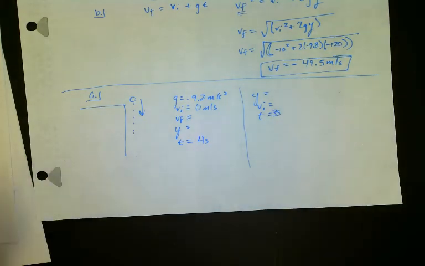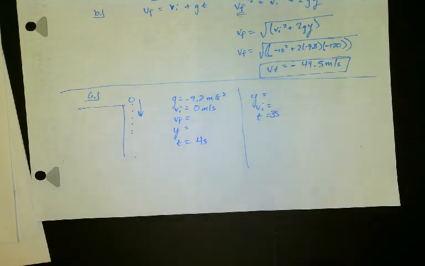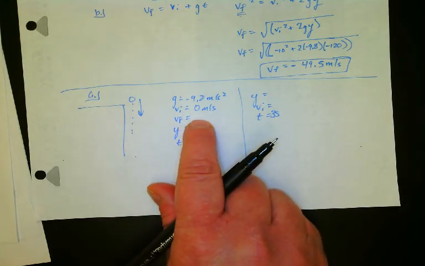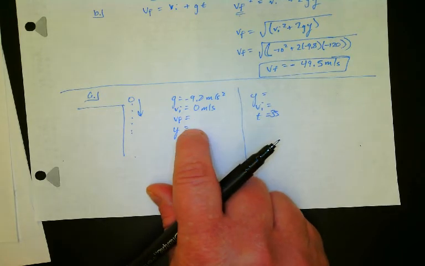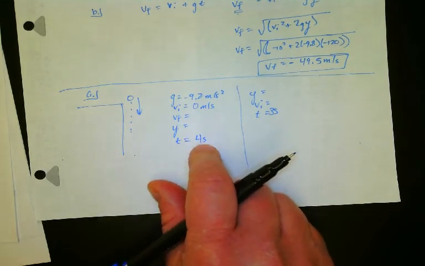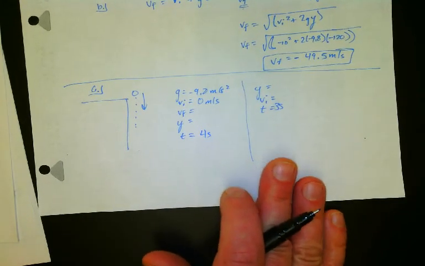So it's a double problem. I have to do this one to get that one. Okay? I don't necessarily need to know how fast the rock was when it hit the ground. But I do need to know how high the cliff is, because it doesn't tell us. So, how can I do that?